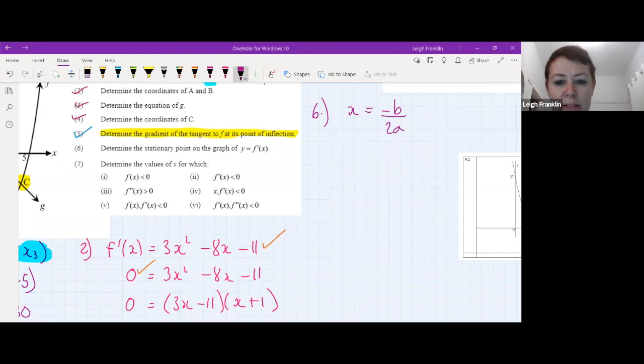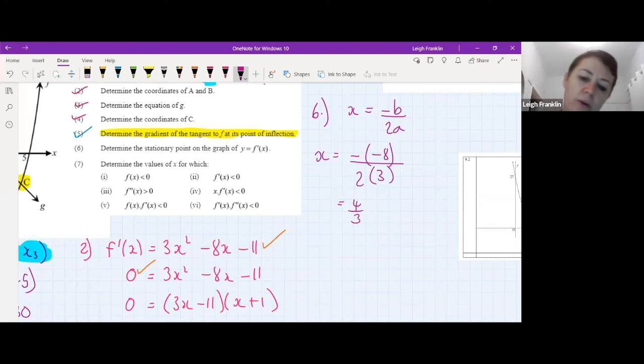So x is equal to negative b, so that's negative negative 8 over 2 times 3 in this case. So we end up with 4 over 3 again. We should know that because it's going to be the same as the point of inflection, isn't it?